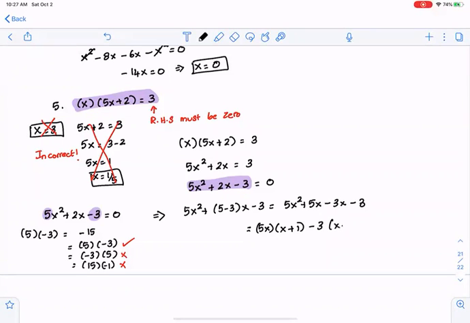If I pull that out, I would have an x plus 1 in common. And now x plus 1 is in common, and we can pull that out, which would give us 5x minus 3.